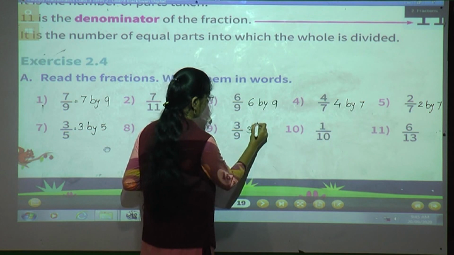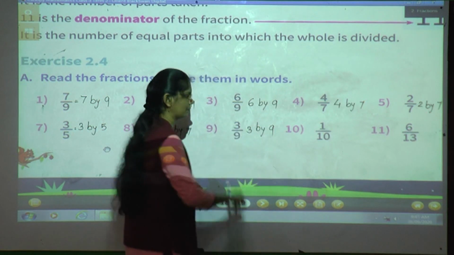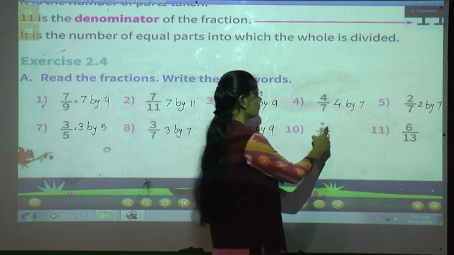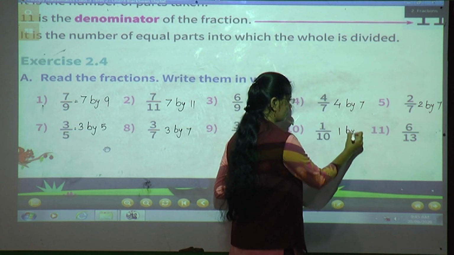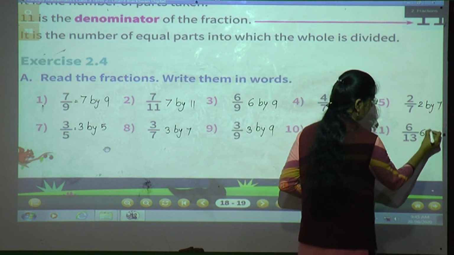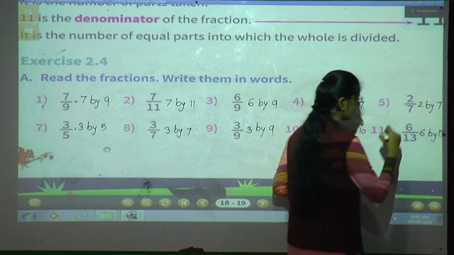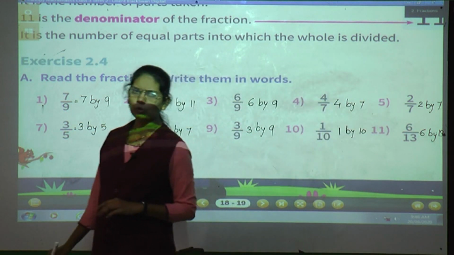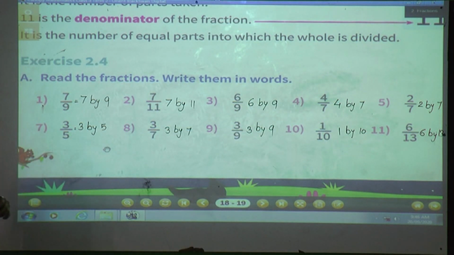Correct. Then this 1 by 10. And the last is 6 by 13. Correct. Clear? How to read the given fractions? Okay. Shall we move to the next example or the next question?